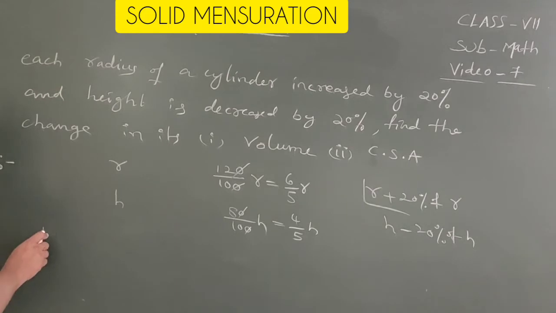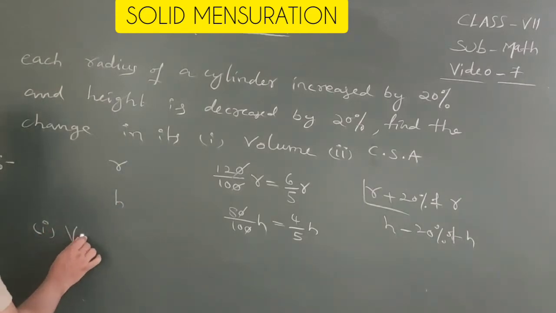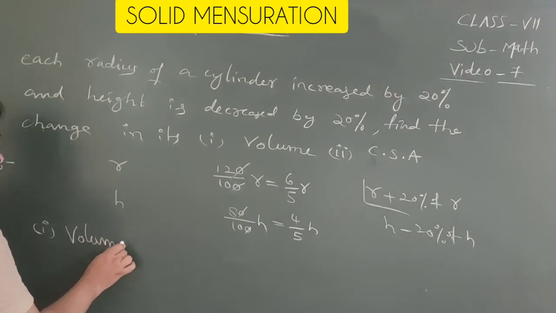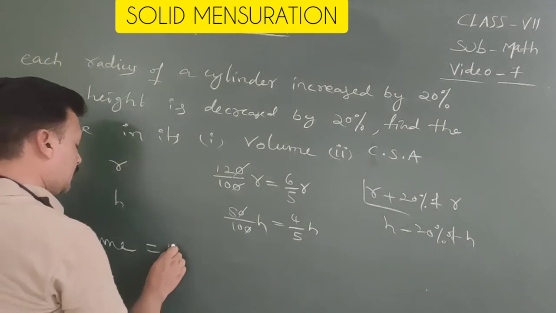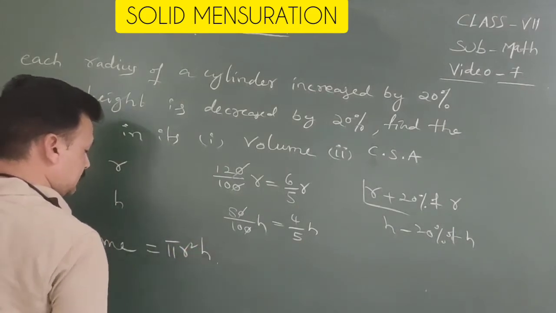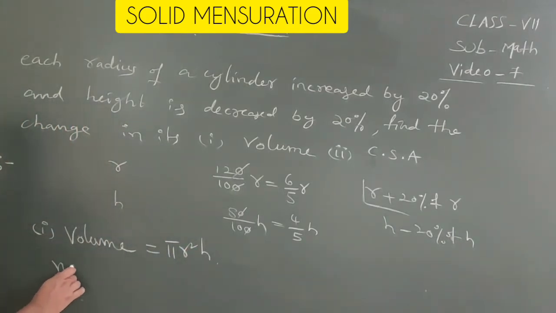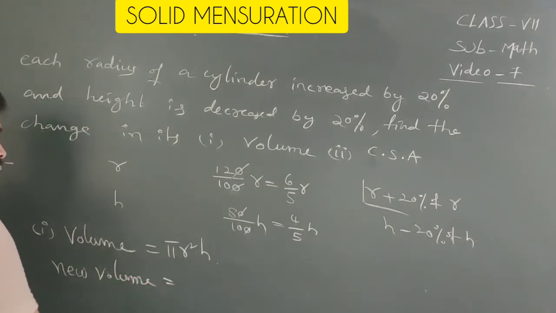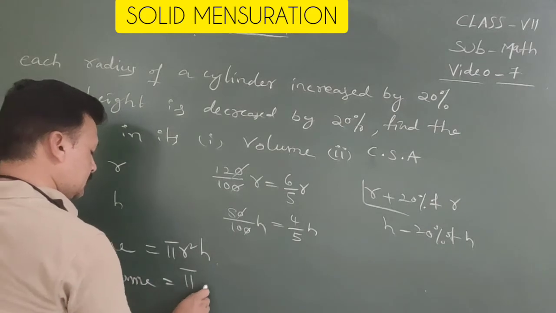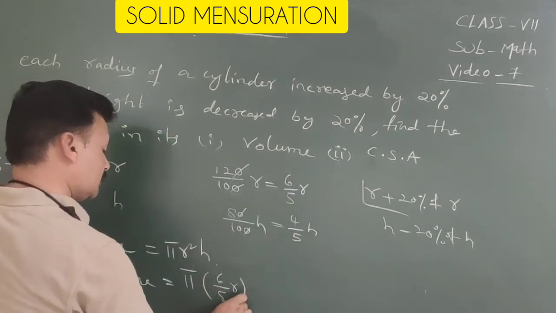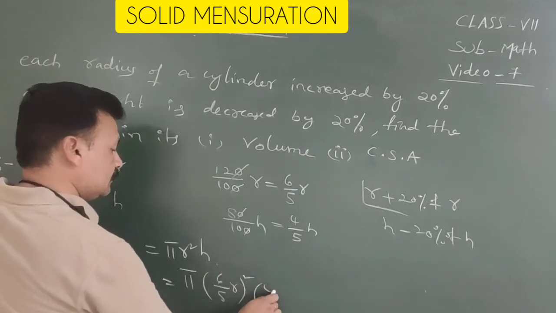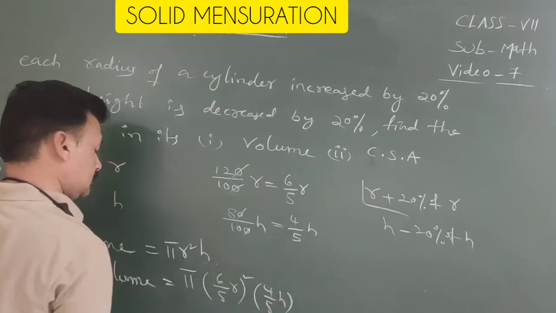Now we need to compare its volume and surface area. Here the volume is pi r square h. New volume is pi as it is, r becomes 6 by 5 r whole square, h becomes 4 by 5 h.